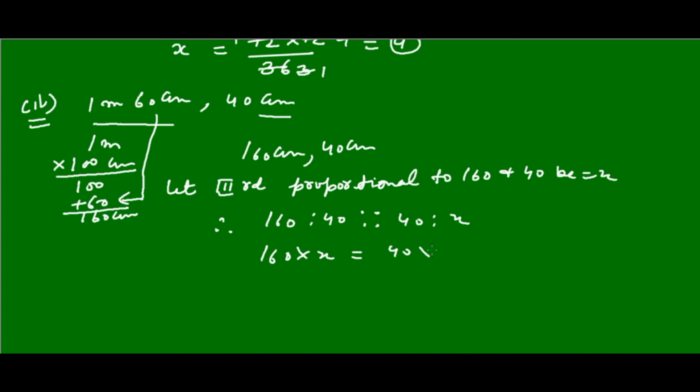Now product of extremes, product of means: 160 multiplied by x equals 40 multiplied by 40. So x would be 40 into 40 upon 160. 40 ones are 40, 4 fours are 16, this is going to cut down.